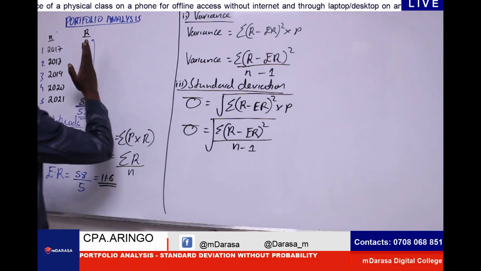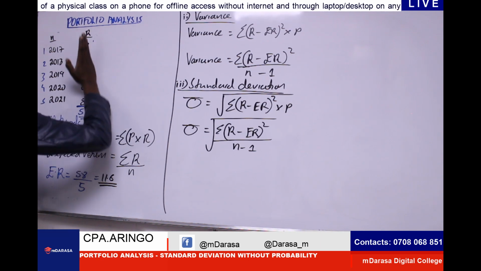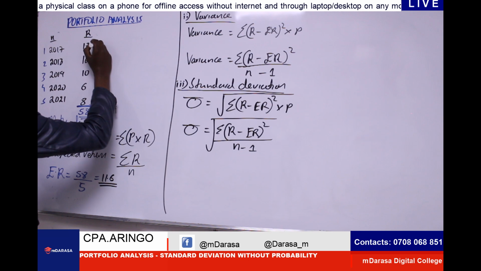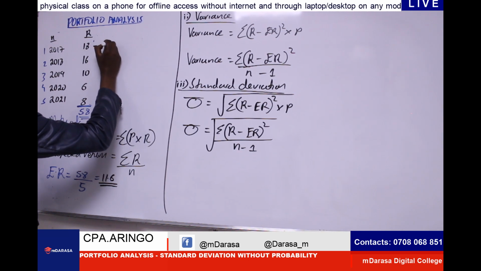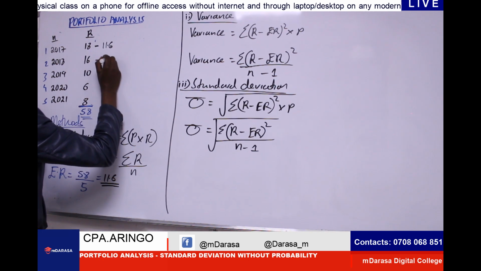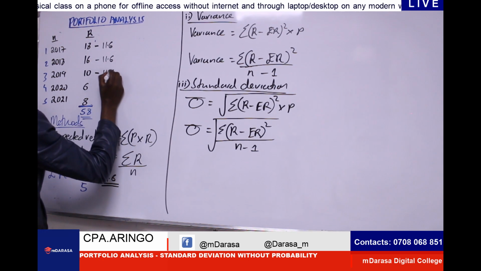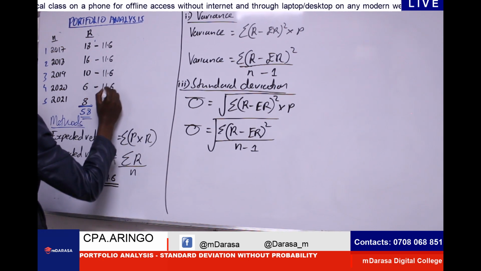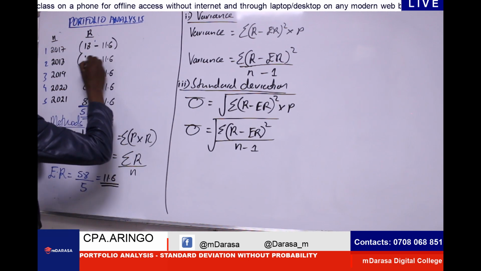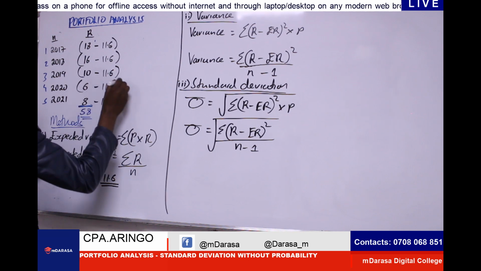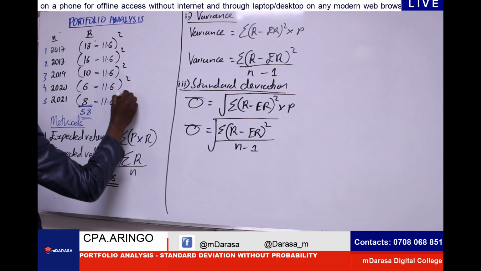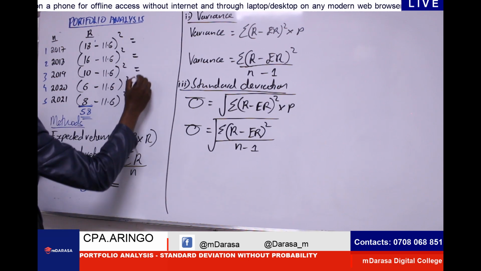So we're going to less our expected return, 11.6, from each value. All this, we square. So that at the end of the day, what will we be having?